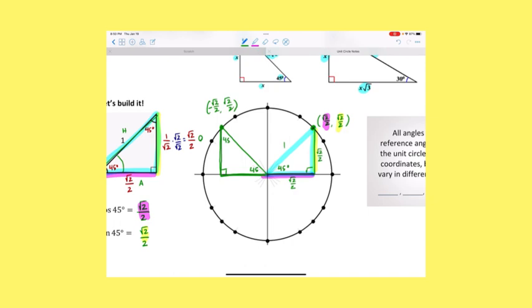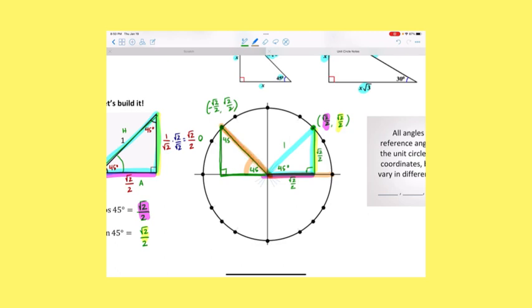And so now what I have, again, are not just coordinates where that triangle intersects the unit circle. What I have are values for the sine and cosine of an angle. But it's not a 45-degree angle this time. What kind of angle are we looking at? Well, the reference angle is 45 degrees, but the actual angle, now remember we start here on the positive x-axis and we land here.